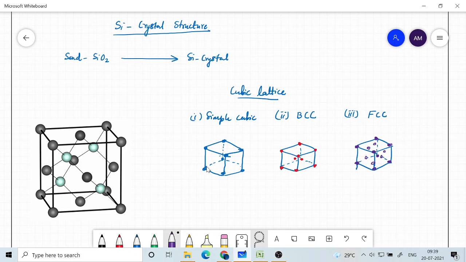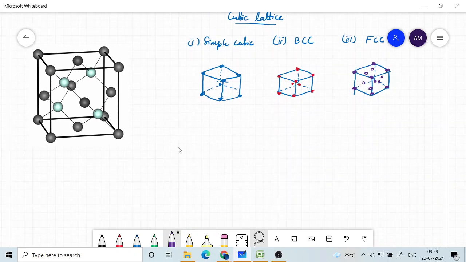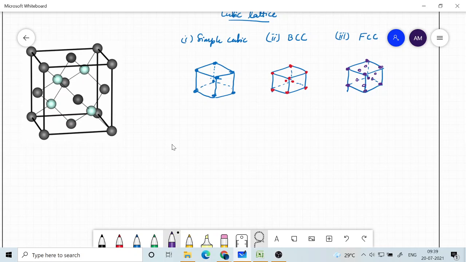Now if you look at the structure of the silicon, it is not really any of this. It's basically called diamond structure, which is basically a modified version of this face centered cubic structure.